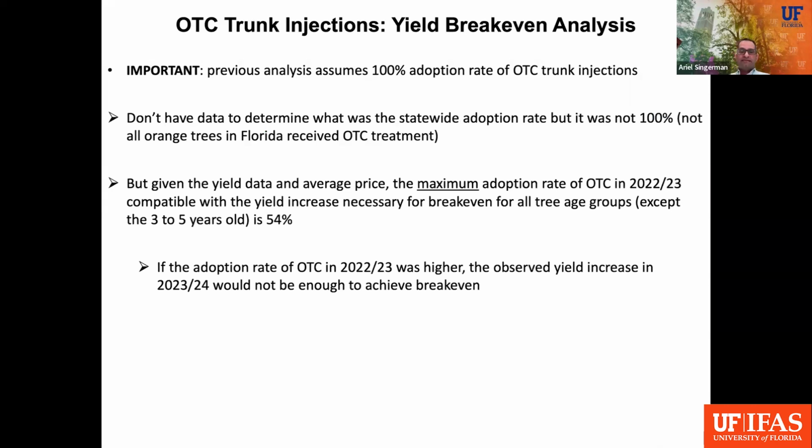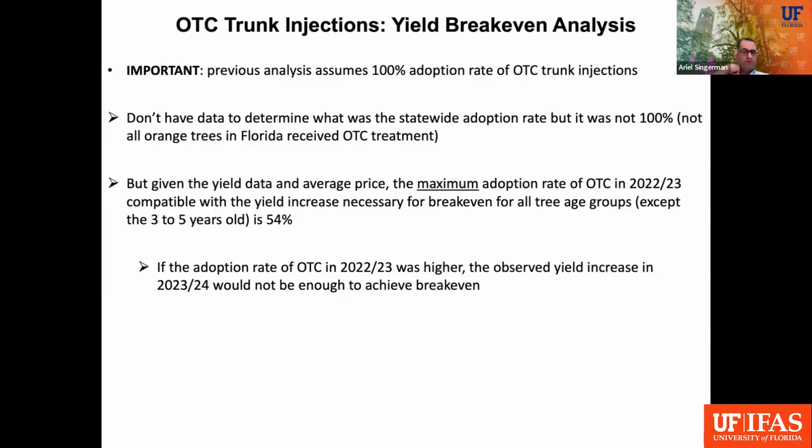But given that I have yield data and average price, I can compute the maximum adoption rate of OTC last year in 2022-23 that is compatible with the yield increase that is necessary for break-even for all 3 age groups, except the 3 to 5-year-old trees, because the 3 to 5-year-old trees really yield too little to be able to break even.